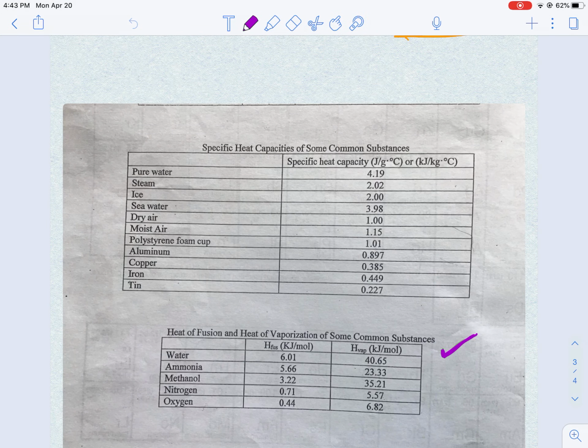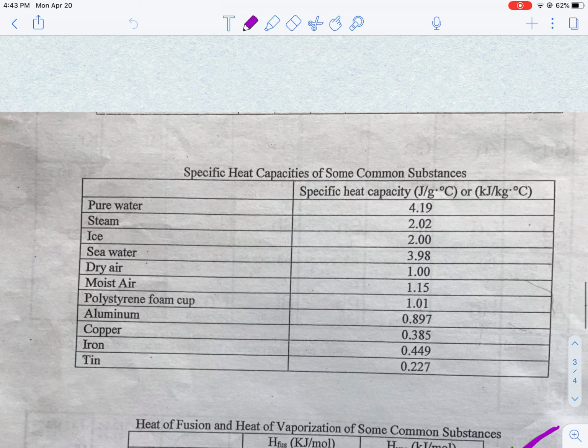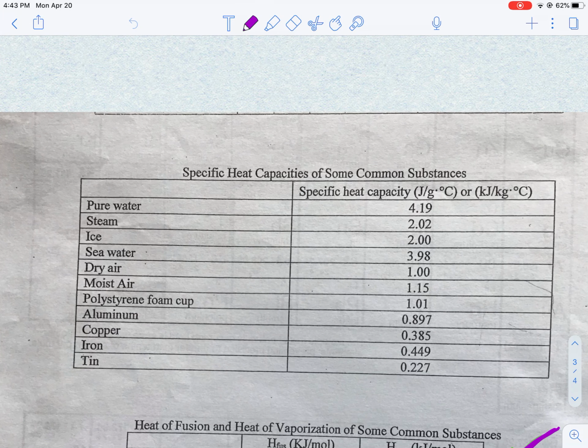Now, if we go back to a part of your periodic table data sheet, it has this specific heat capacity chart in it. You'll see that water here is stated as 4.19 joules per gram degree Celsius, but it also tells you what a lot of other specific heat capacities are of other substances.